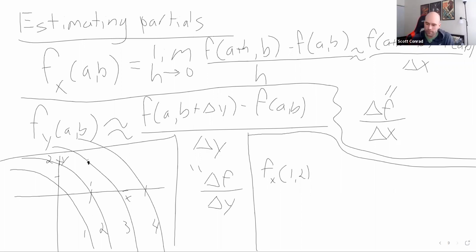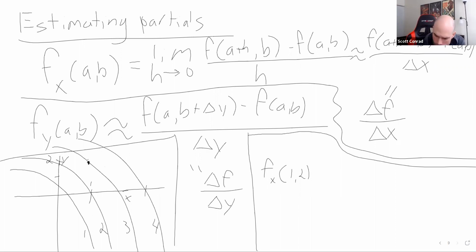So basically, for the partial with respect to x, we're going to change x by a little bit, so we fix y at 2. We're going to go in the positive x direction, positive or negative doesn't matter, until we hit the next level curve, just fixing y.